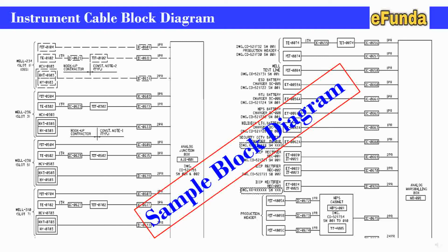This is how the instrument block diagram is typically represented, to get the detailed information of the field devices connected from field instruments to the junction boxes, and junction boxes to the marshalling boxes, so as to have the connectivity to the control room and design the complete instrumentation part.